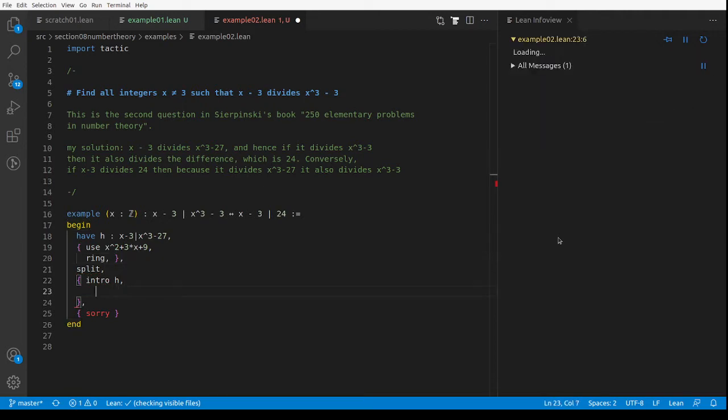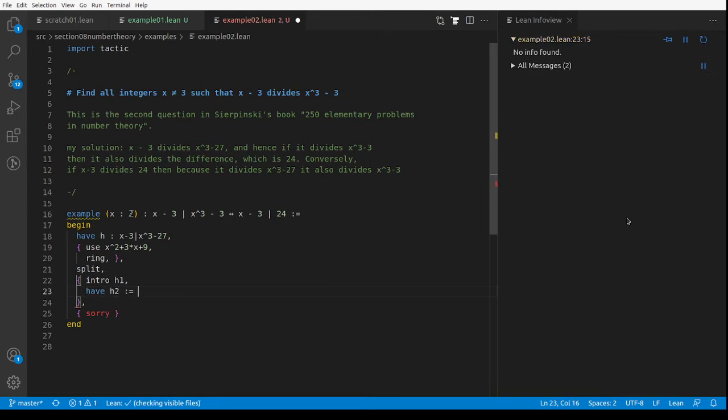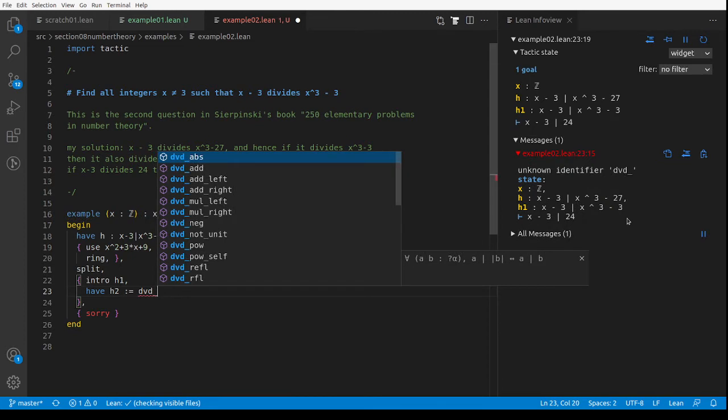So now intro h, let's call it something else, intro h1. So we know that it divides x cubed minus 3 and x cubed minus 27, and we need to deduce it divides 24. So this will be dvd_sub or something, right? So have h2, it'll be dvd_sub.